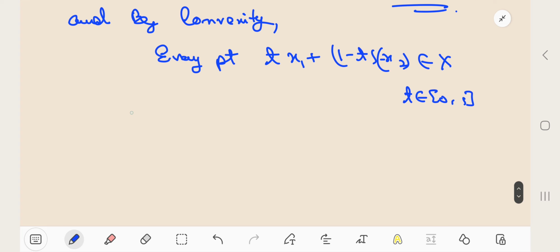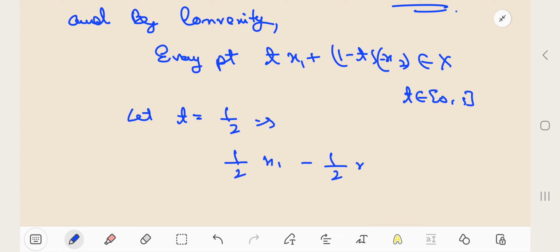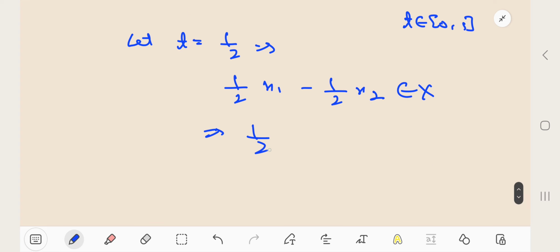Let t be equal to half. This implies that half of (x1 minus x2) is in X. So this is part 2.